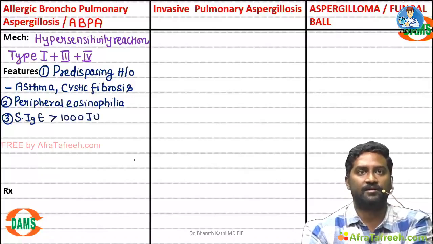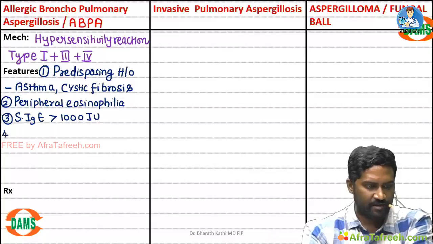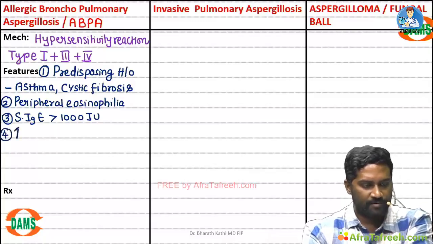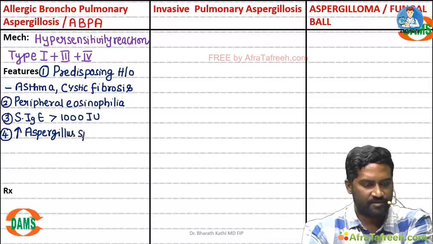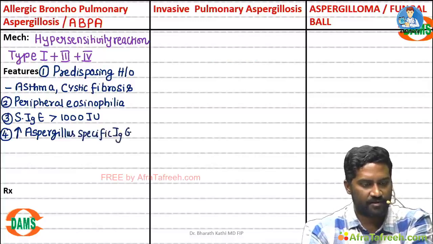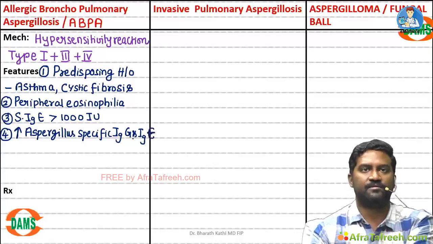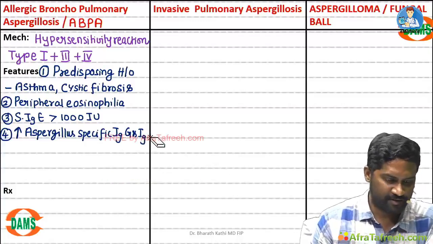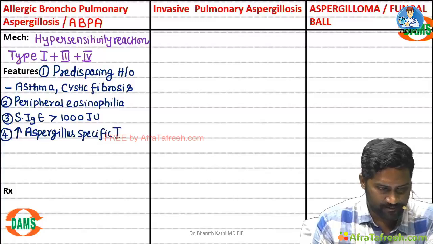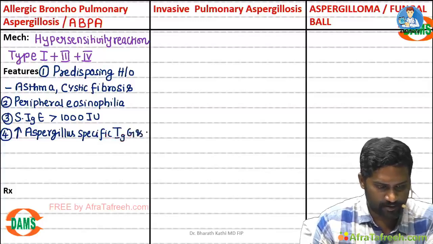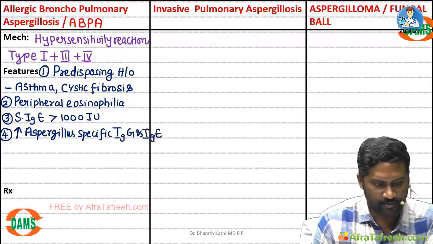Within the blood, there will be elevated Aspergillus specific IgG and IgE antibodies.